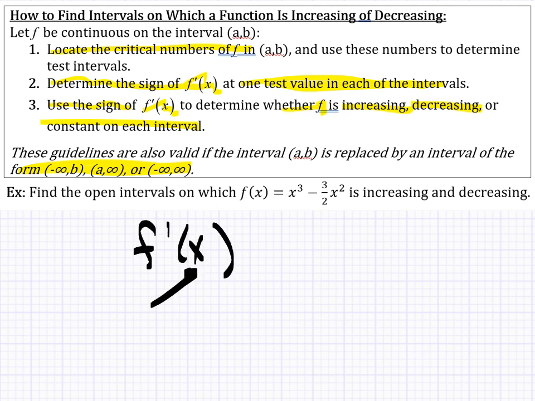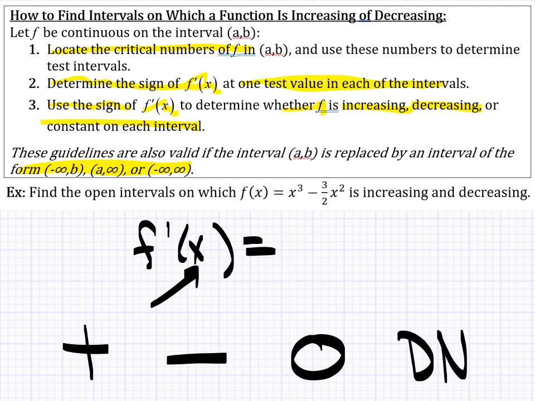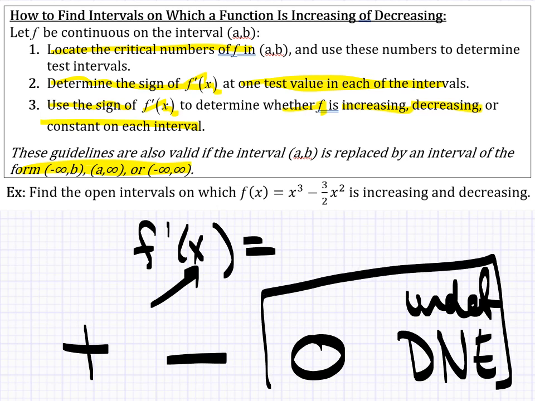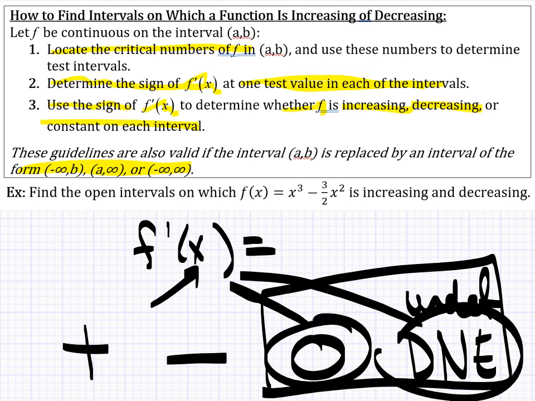If I look at this function, I plug something in, I could get a positive answer to come out. I can get a negative answer to come out. I could get 0, and I could just get something that does not exist, or we also would say undefined. So if we find the critical numbers, we're finding what values we can plug into the function that would make this happen.